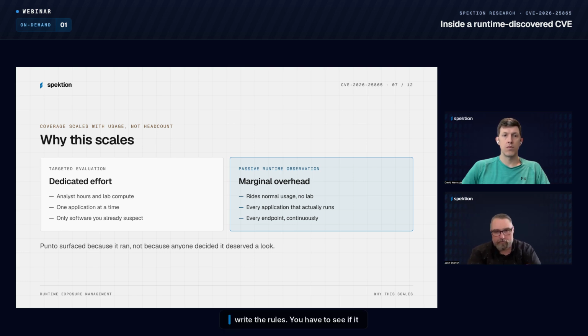Then you have to write the rules and see if they work. And the hard part of all that is, what does it cost, both in terms of manpower, labor, and the opportunity cost of identifying other, maybe more exposed, software? And I guess that's the question: if it's that expensive, it probably doesn't scale.